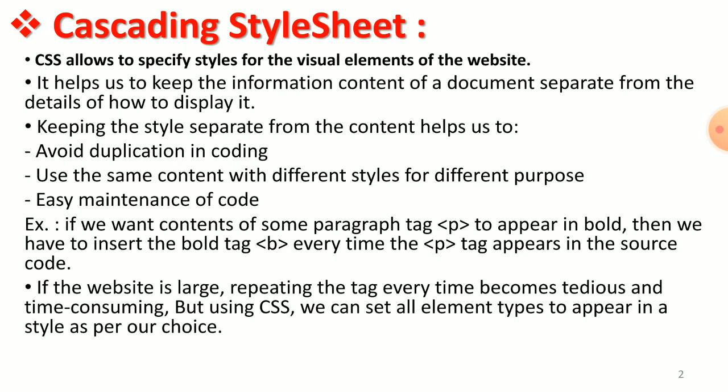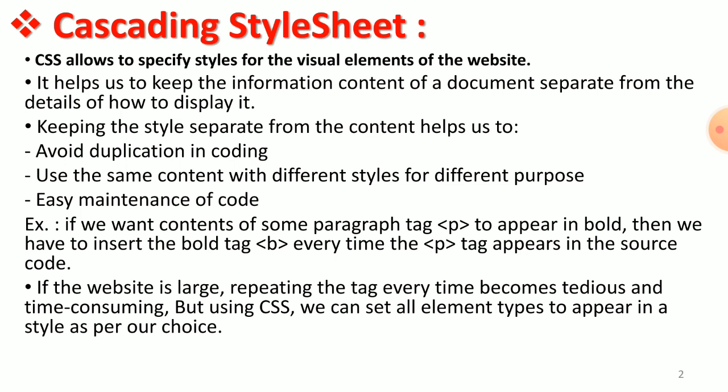Styles specify the appearance of particular page elements on the screen. Keeping the style separate from the content helps us avoid duplication in coding, and use the same content with different styles for different purposes.